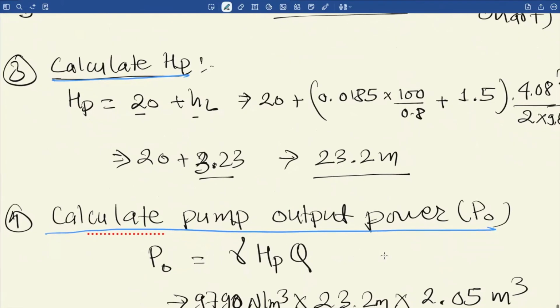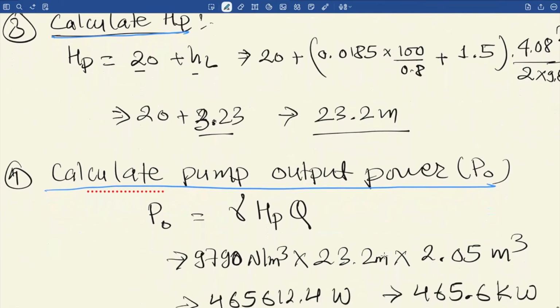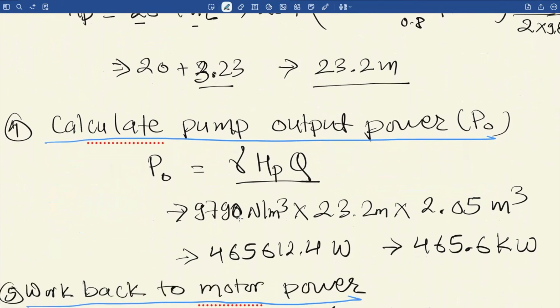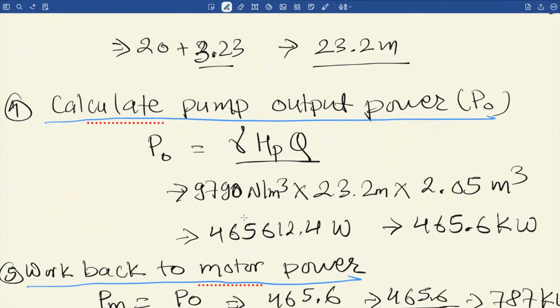Now, finally, let us compute the pump output power, which is given by specific weight times HP times Q. Q is given, HP is known, and the specific weight is given. That gives us a pump output power equal to 465.6 kilowatt. Now work back to motor power.